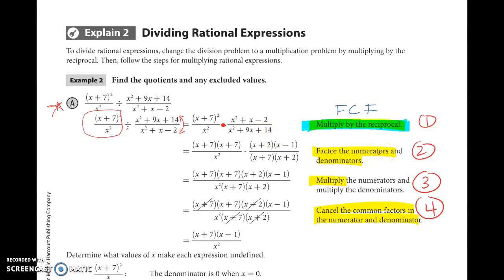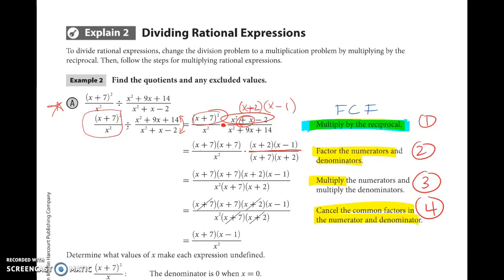Factor the numerator and the denominators. So my numerator here can be written as x plus 7, x plus 7. My numerator here, when I factor it, that's x and x. It's 2 and 1, and what adds to a positive 2, that would be positive 2 and a minus 1. That's how they got our numerator here.